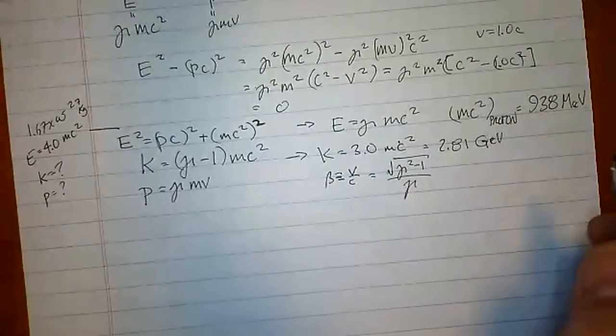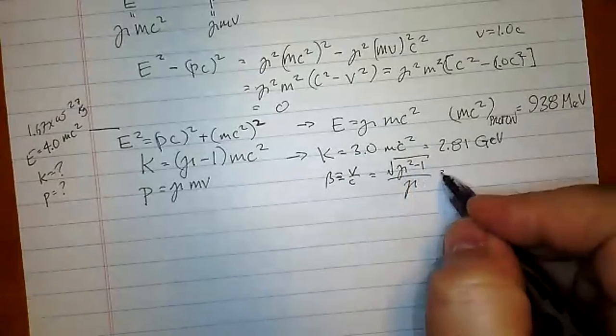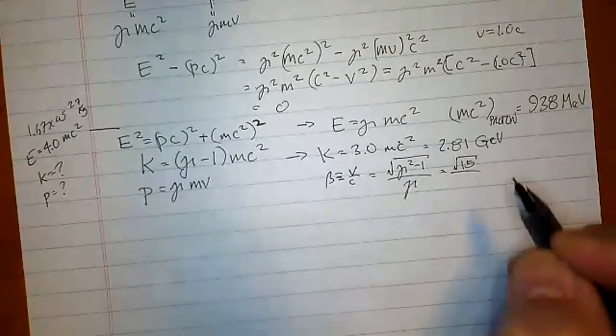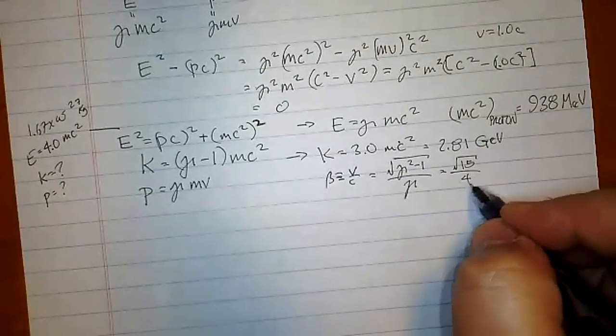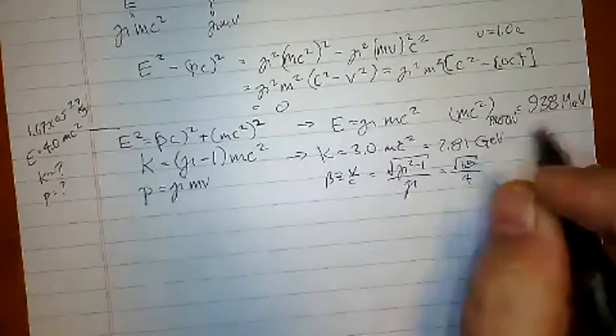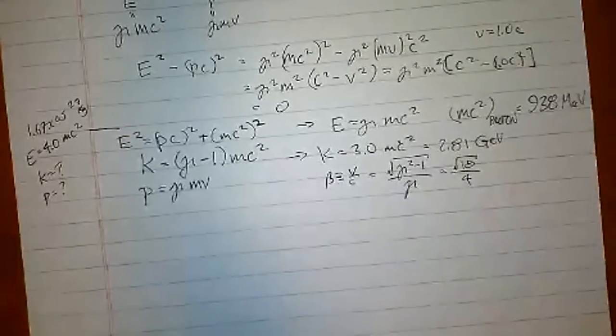So we already know what gamma is. Gamma is 4, so you do 16 minus 1. That should be the square root of 15 over 4. And of course, that means velocity is that times c. That might save you some of the work by just recalling all that.